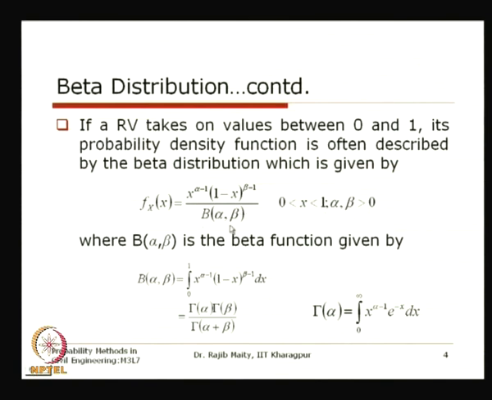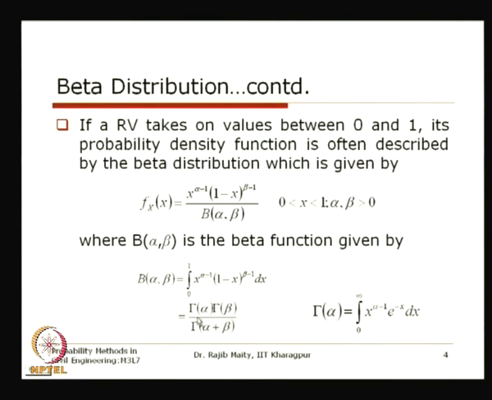Now, this beta function is an integral of this form: x power alpha minus 1 multiplied by 1 minus x power beta minus 1 dx. This integral is known as the beta function with parameters alpha and beta. It can be shown that this can be related to another function, known as the gamma function.